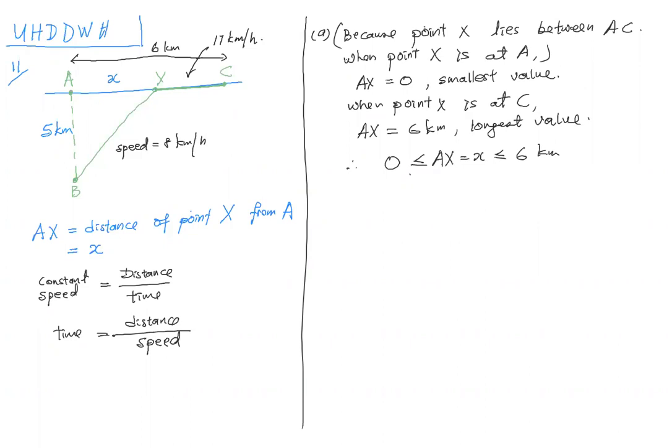Okay, so now what we need to do for part B, you want to show. First of all, we have to find the time taken to travel from B to X. So how to get this time taken?